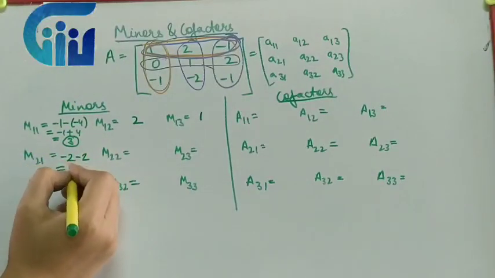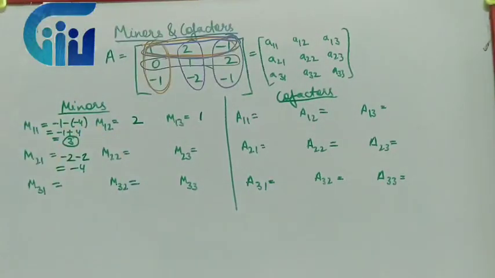So what value am I getting? I am getting minus 4. See, although the value of that particular element is 0, the minor for that particular element is not 0, because minor is not the value of that particular element. It can be anything, obtained by covering it along that particular row and column.